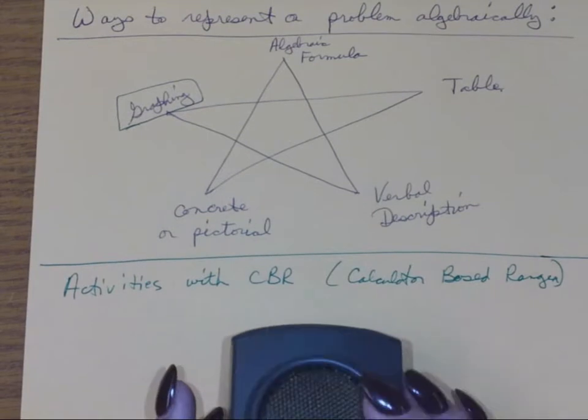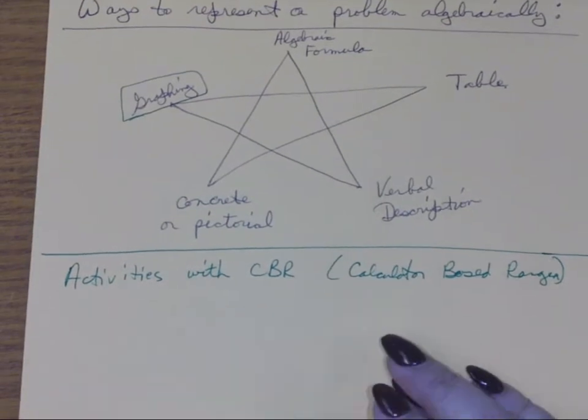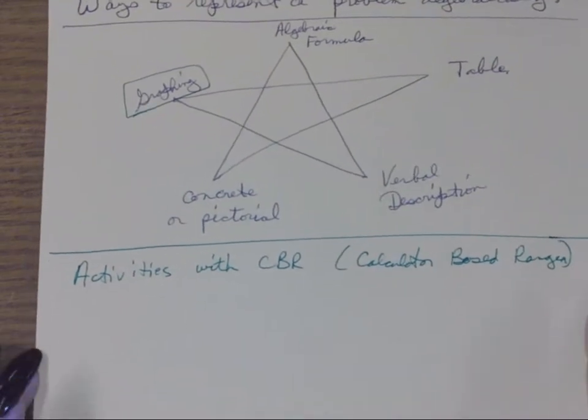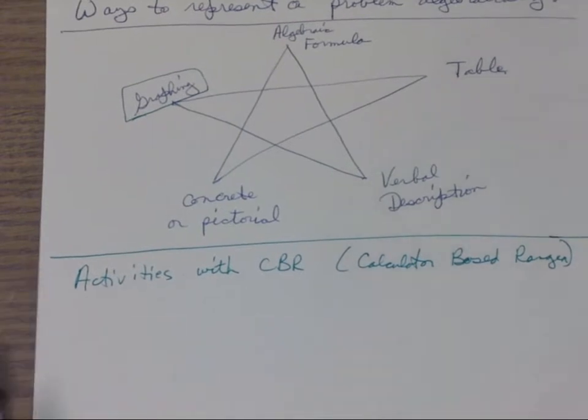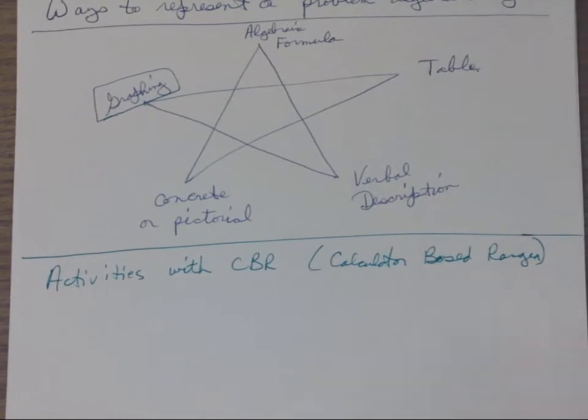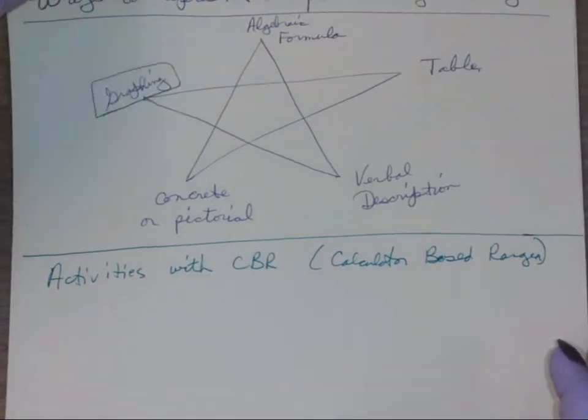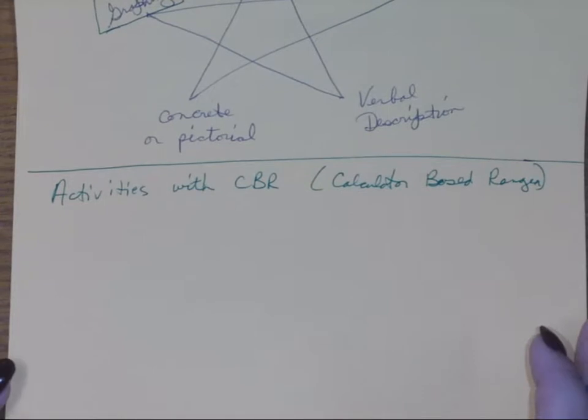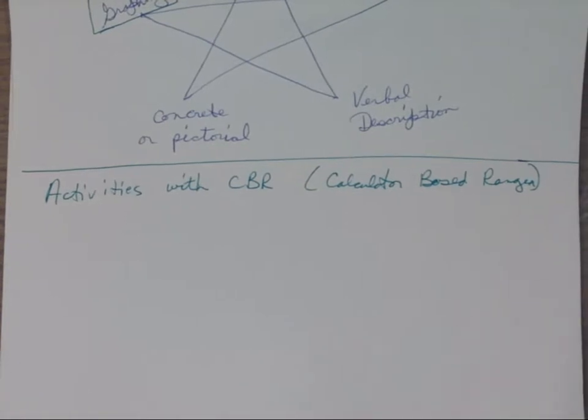So there's a really cool activity. If you're planning to be a middle school teacher and you like technology, you might look into CBRs. Now, I'm going to tell you honestly, they're not cheap. You would probably have to have a grant, but if you're a member of TCTM, which you can become if you go to our camp conference in the summer, which is the Conference for the Advancement of Mathematics Teaching, and you can become a member of CTM here on campus, and then when you go to the camp conference, you can join the Texas Council of Teachers of Mathematics, TCTM.